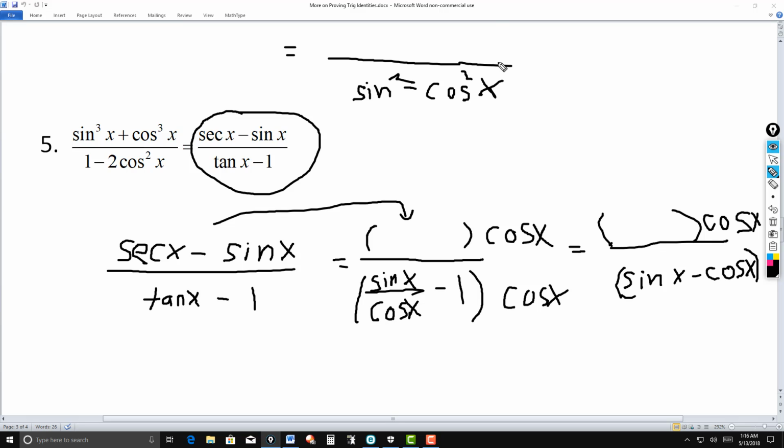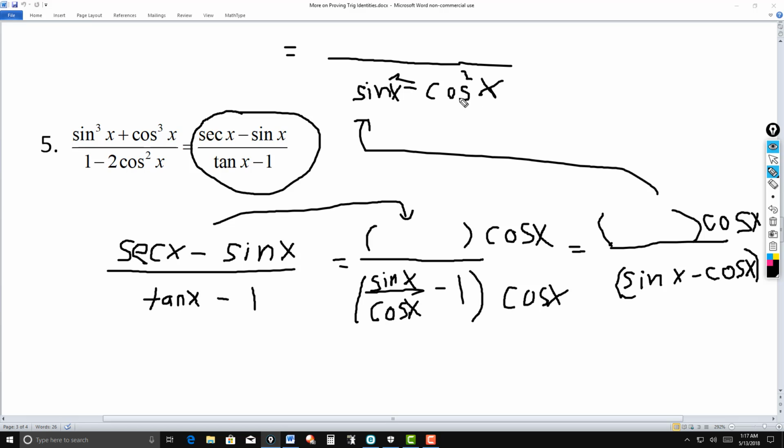Now, can you see what I did there? So in other words, from this, I'm getting this. How did I do that? Well, I multiplied the denominator by sine of x plus cosine of x. It's like x minus y times x plus y is x squared minus y squared. Same principle here, except we're working with the trig functions.